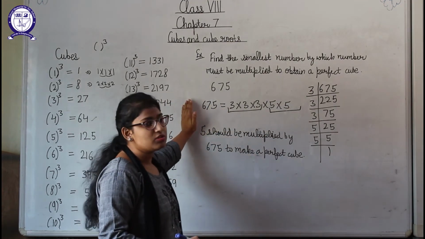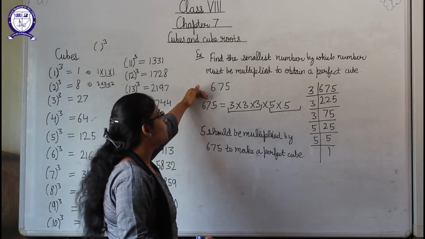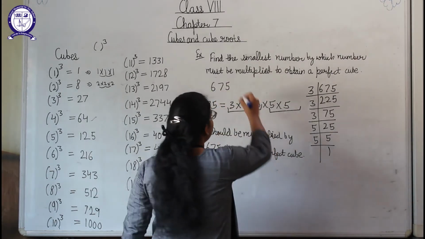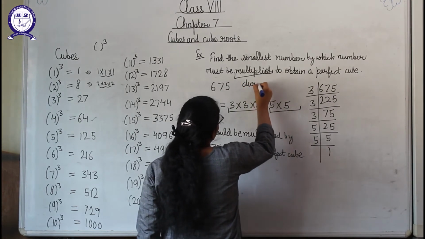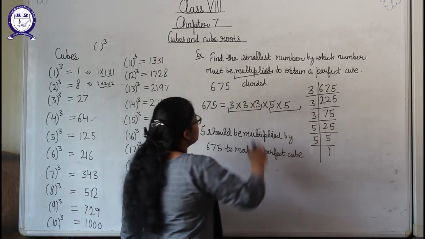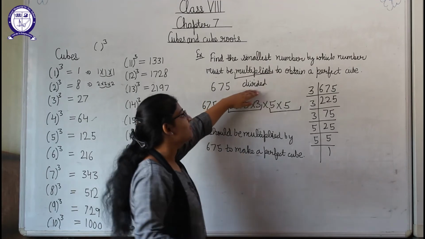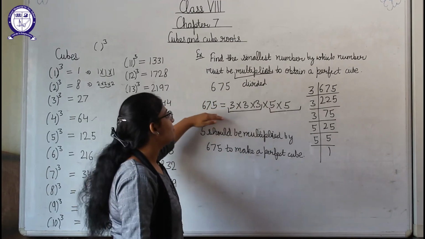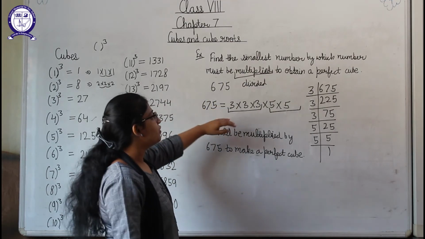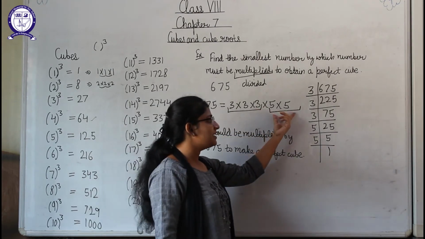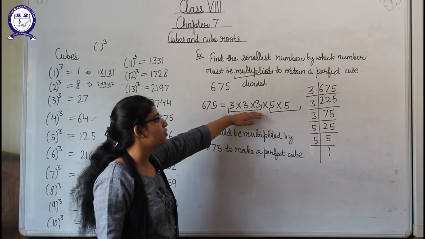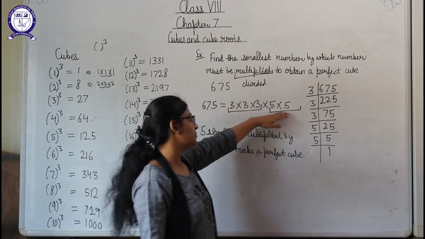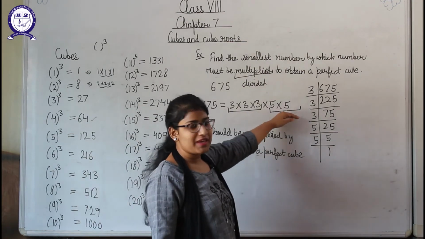Now students, suppose the same question is given to you, and instead of multiplied, it is asked that you have to divide. Means you have to find the smallest number by which it should be divided to get a perfect cube. So for division, the terms can be eliminated. Here 3 is a perfect group, but 5 into 5 is not making a group.